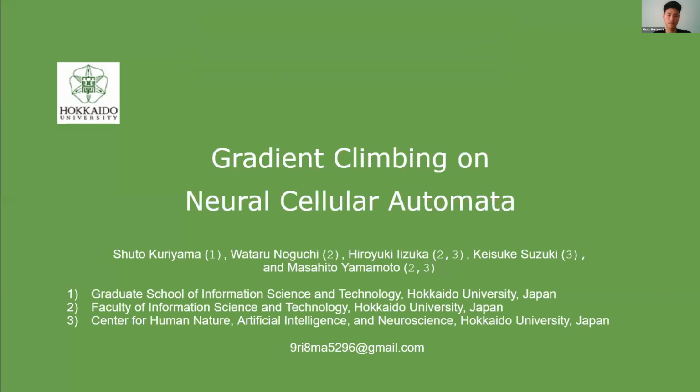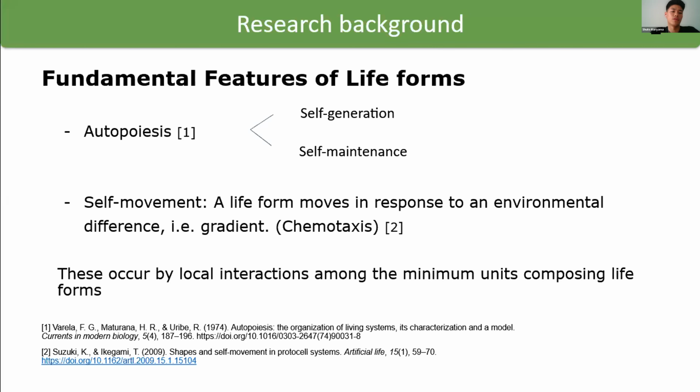My name is Shuto Kuriyama, and I'm going to explain our research, gradient climbing on neural cellular automata. The difference between life forms and non-life forms, as well as fundamental features of life forms, have been research interests both in biology and computer science. As fundamental features of life forms, we know self-generation and self-maintenance, proposed in the autopoiesis theory by Varela.